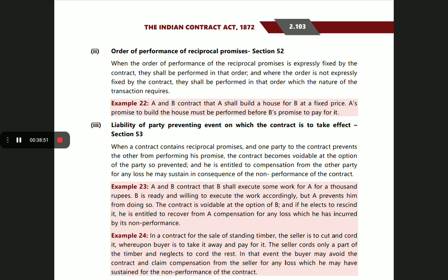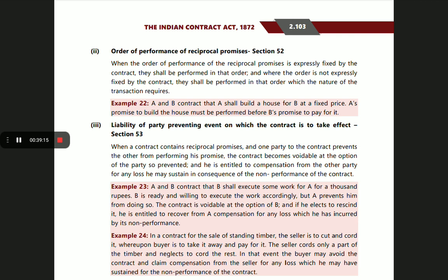Example: A and B contract that B shall execute some work for ₹1,000. B is ready and willing to execute the work accordingly, but A prevents him from doing so.